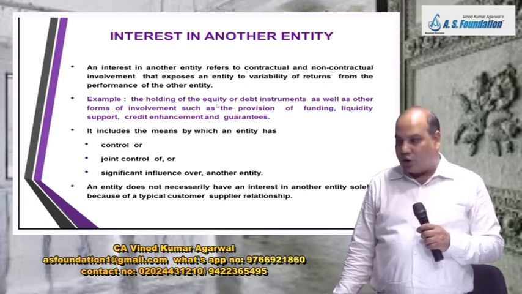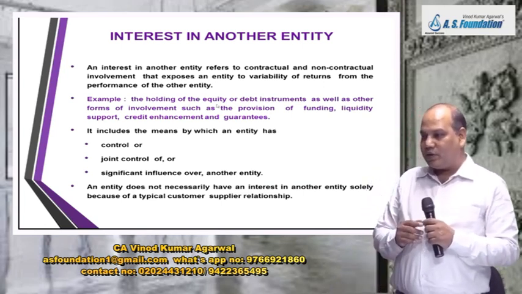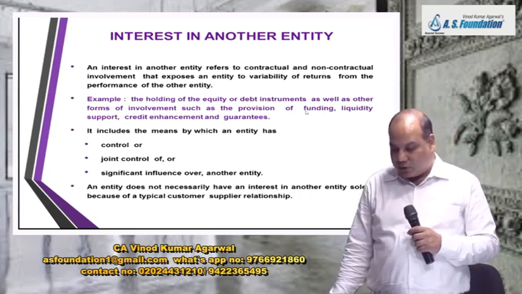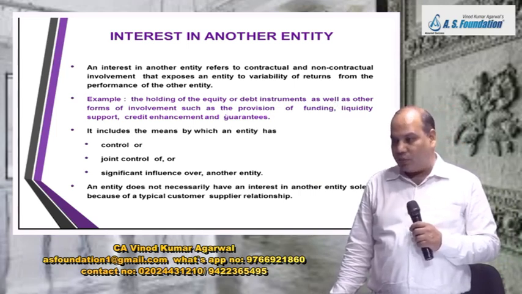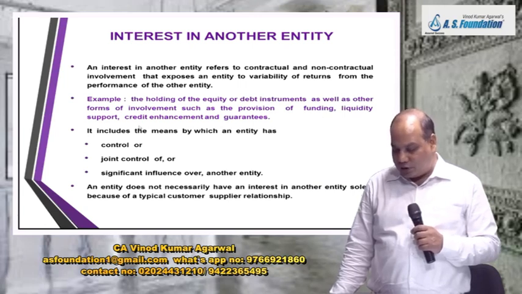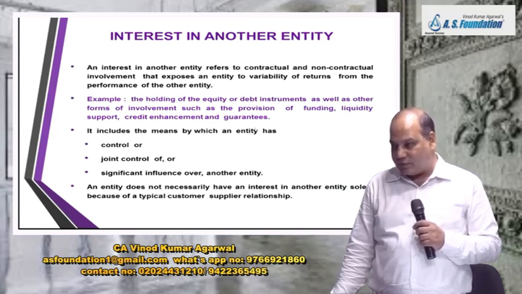For example, the holding of equity instruments is the simplest example, but it also includes holding of debt instruments. It also includes any other form of involvement such as provision of funding, liquidity support, credit enhancements and guarantees. Even credit enhancement is a type of guarantee only.